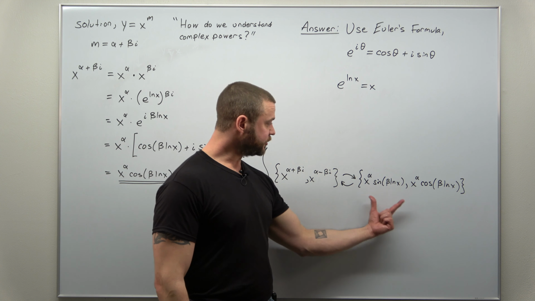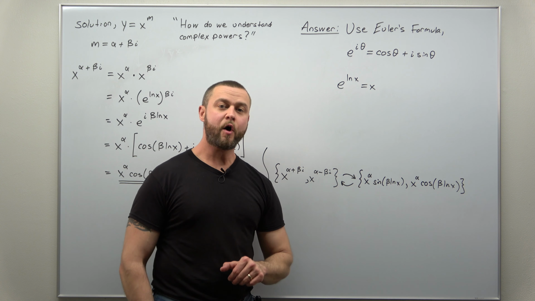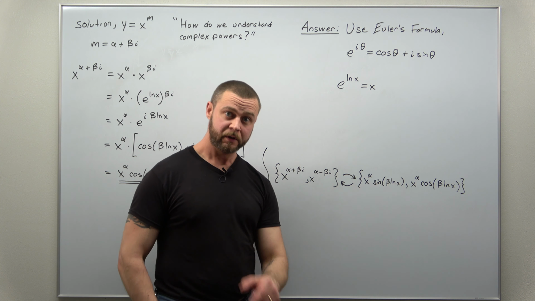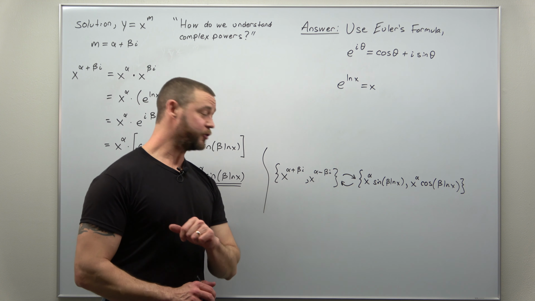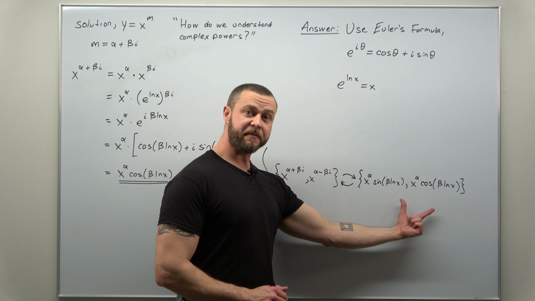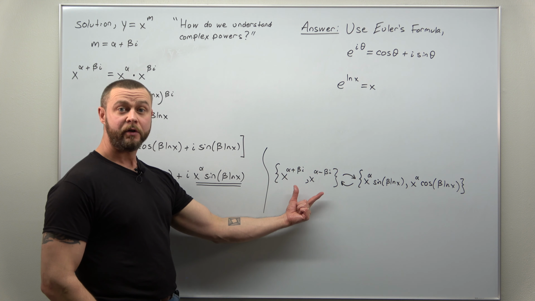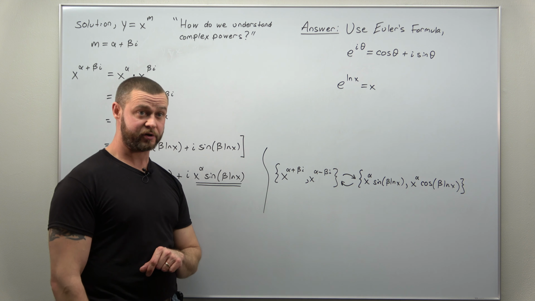And notice here, your two solutions involve no imaginary or complex numbers. So generally, again, in a differential equations course, this is preferred, but maybe later in higher level mathematics, you'll be comfortable working with these versions.